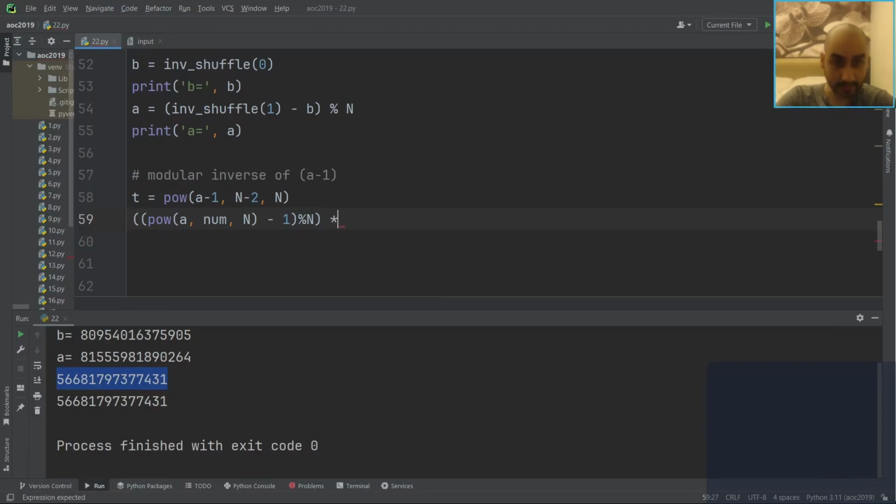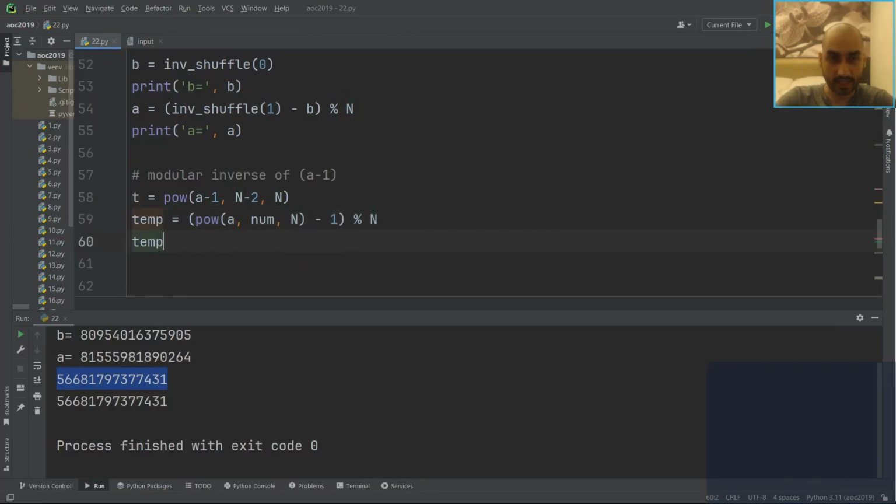And then times the inverse of A minus 1, which is t. Should we just do these as a series of steps, otherwise it's going to look horrible. So let's do temp equals power of A to the num, t minus 1 percent n. Okay, that's the first step.